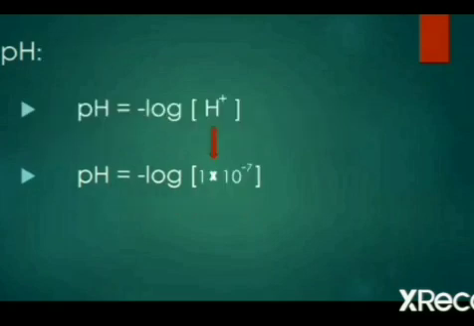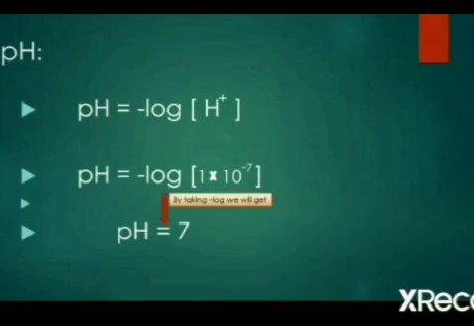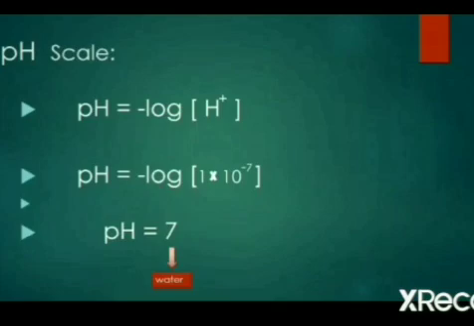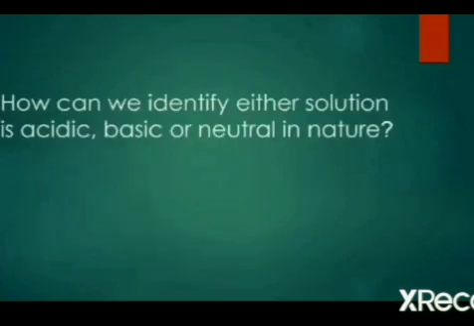So this is the formula: pH is equal to minus log of H plus ions. We put the value of the concentration of H ions, that is 10 raised to power minus 7. By taking the antilog, we get 7. So neutral water has pH 7.